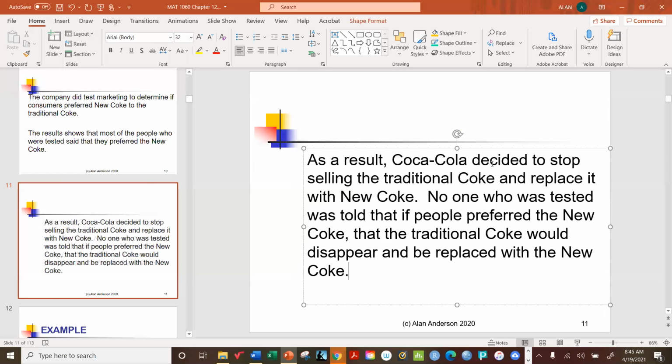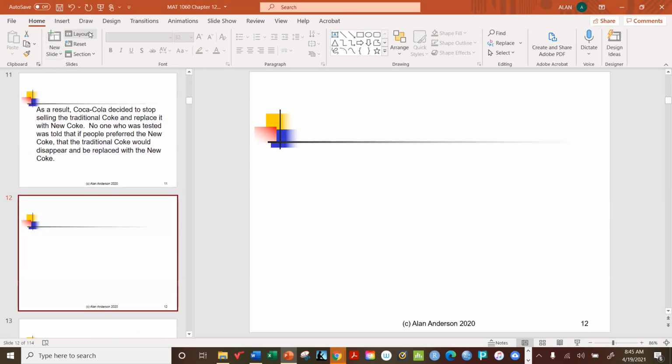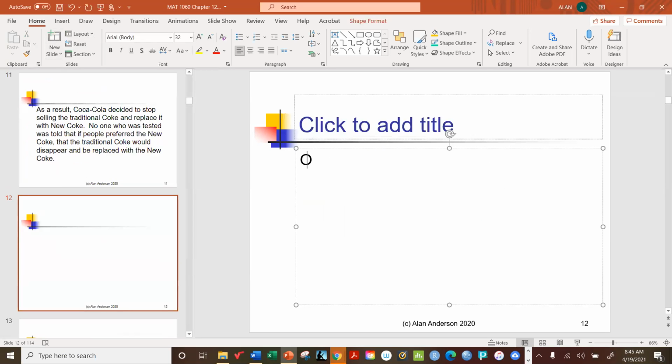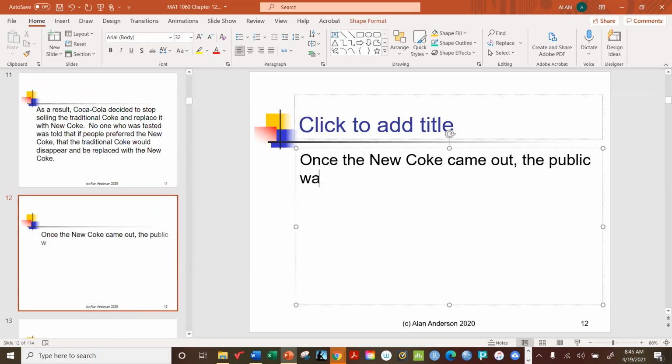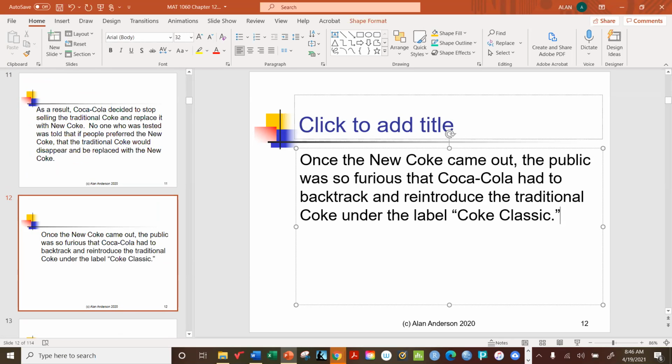And so because of that, once the New Coke came out, the public was so furious that Coca-Cola had to backtrack and reintroduce the traditional Coke under the label Coke Classic, as if they're trying to pretend that was what they meant to do all along.